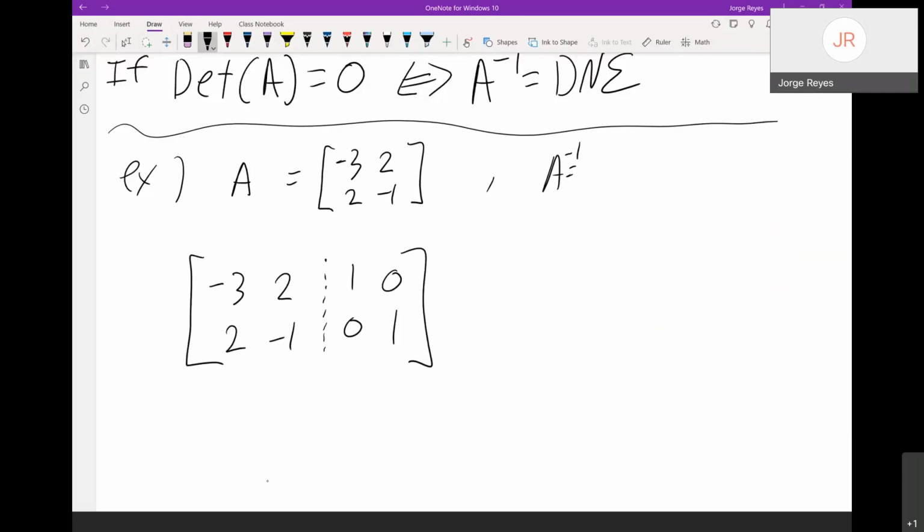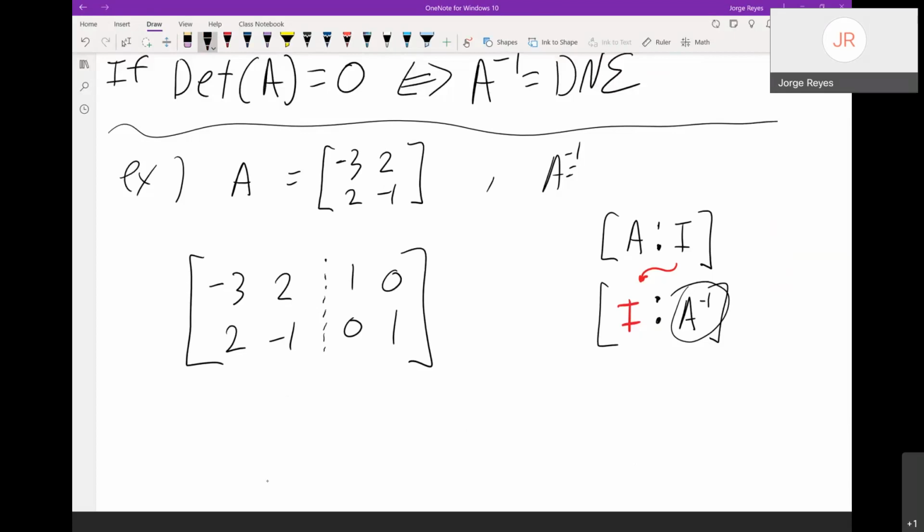We put A here and the identity matrix on the right. Your goal is to swap it, so you want the identity matrix over here on the left. And after you swap it, magically, whatever shows up on the right side is the inverse.